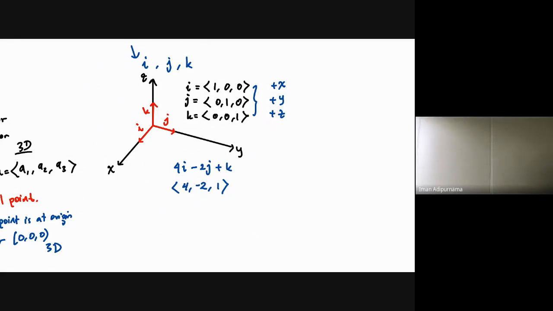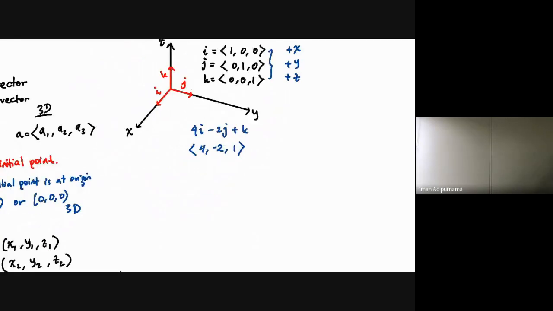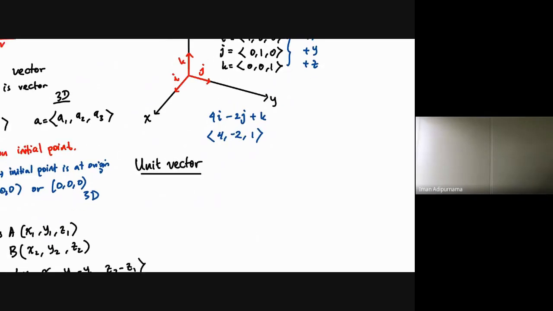Okay, and then after the i, j, k, we also have the term called unit vector. The definition is a vector whose length is 1.